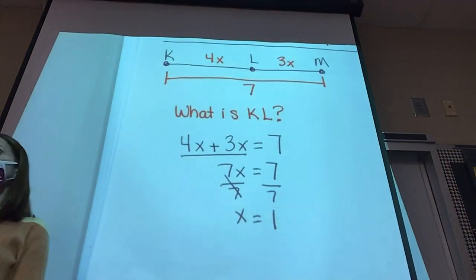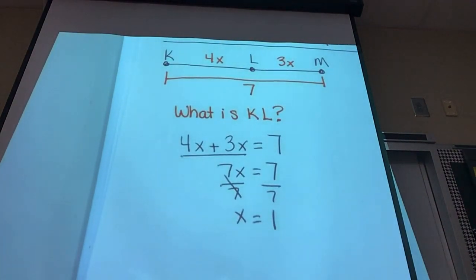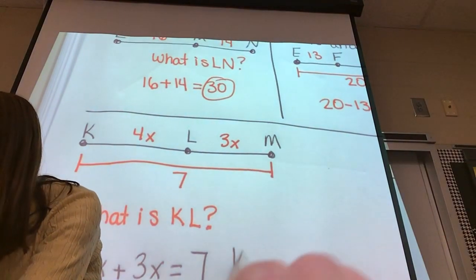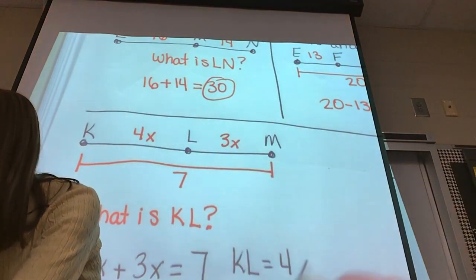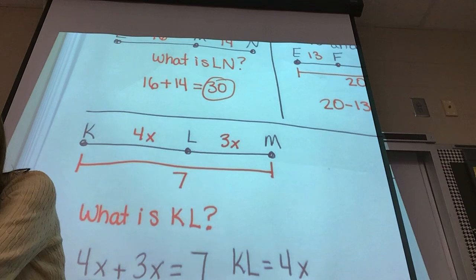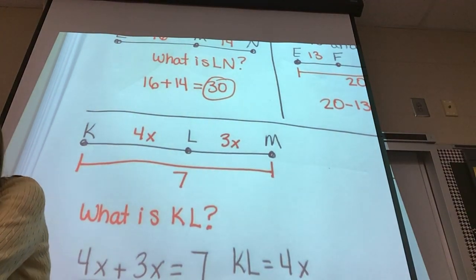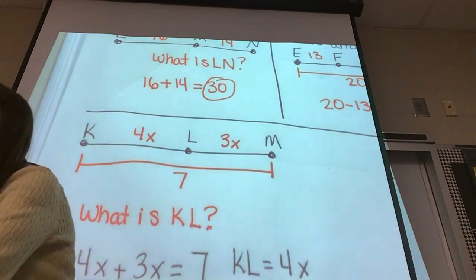So I've got x. Now, did they ask me for x? No. They asked me to find KL. So KL was 4x. Plug it in. So 4 times 1 is 4. There's my answer.